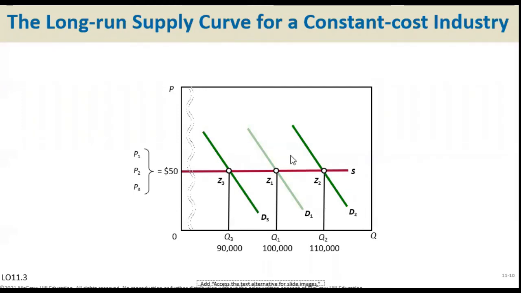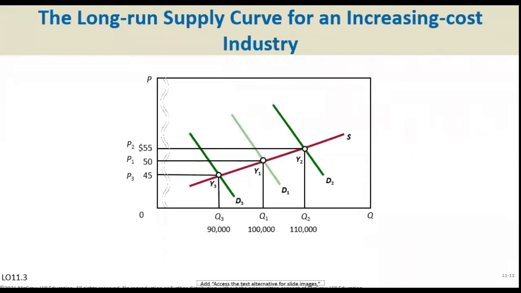Similarly, a decrease in demand from D1 to D3 reduces the output from 100,000 to 90,000, but the cost remains the same, 50. So the supply curve in this case is a horizontal line parallel to the output axis.